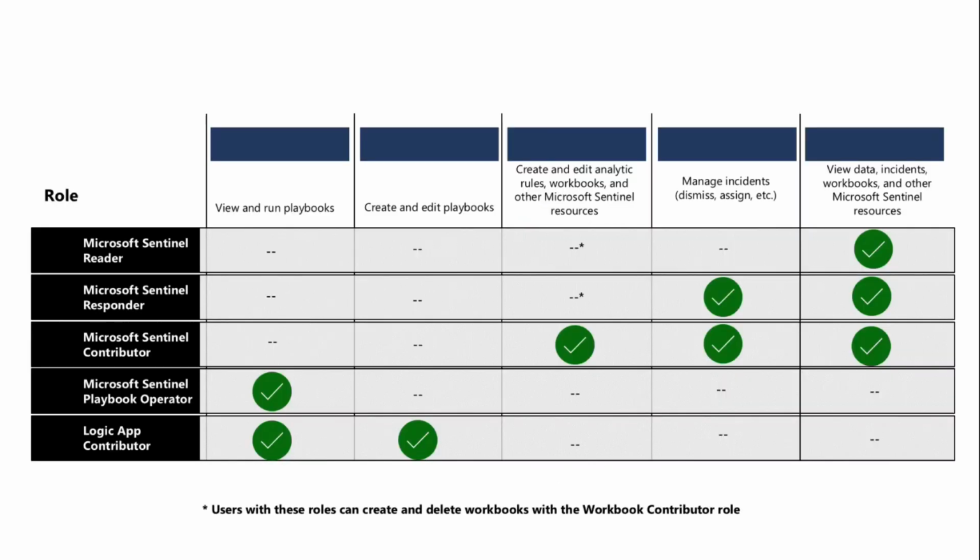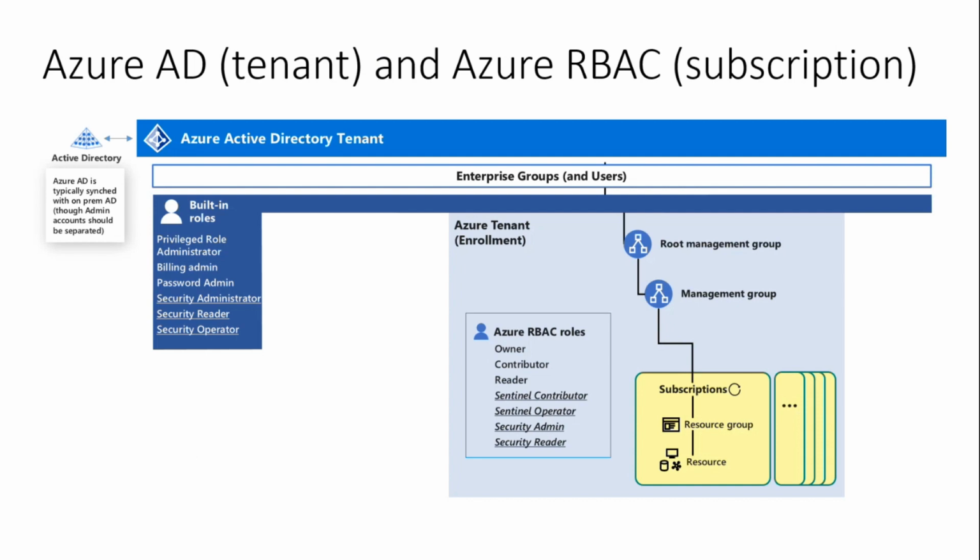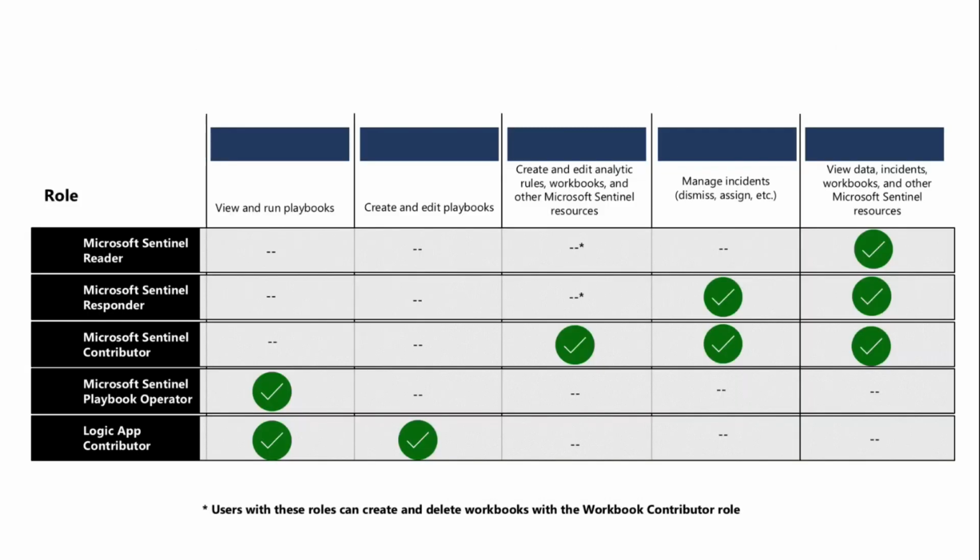Oh, this is not loading all of it. These are the permissions that are required, and this is really documented already. These are the permissions required to do many of the things that I was showing earlier. The most powerful one within Sentinel is going to be Sentinel Contributor.